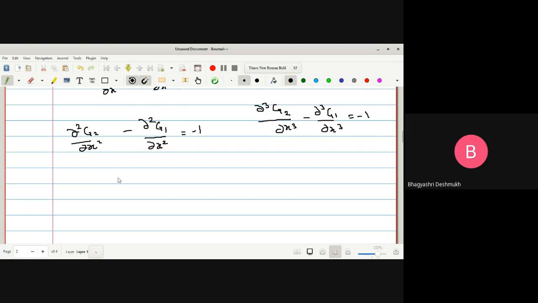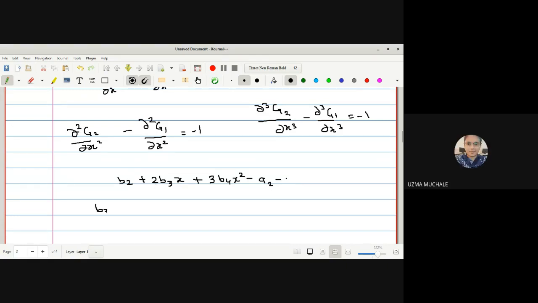B2 plus 2B3x plus 3B4x square, then minus A2 minus 2A3x minus 3A4x square. So you can take common terms, no?